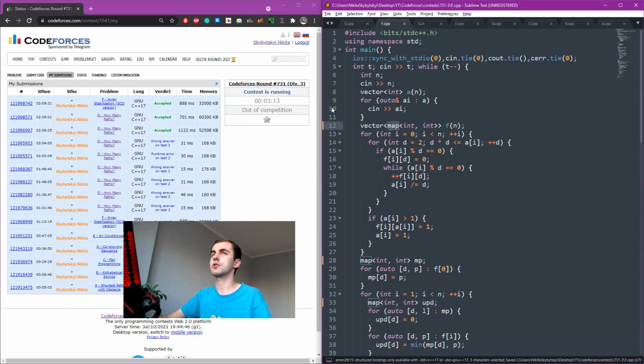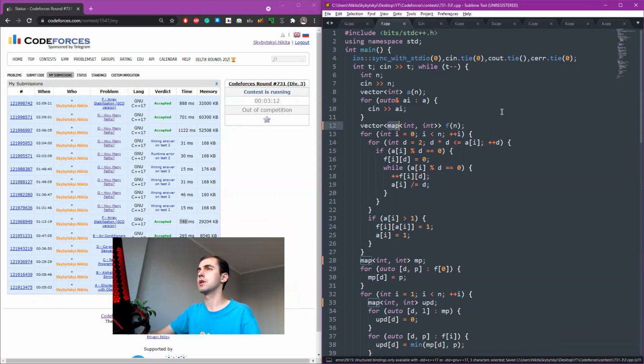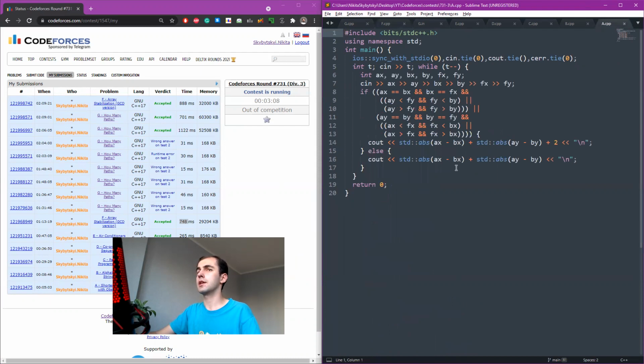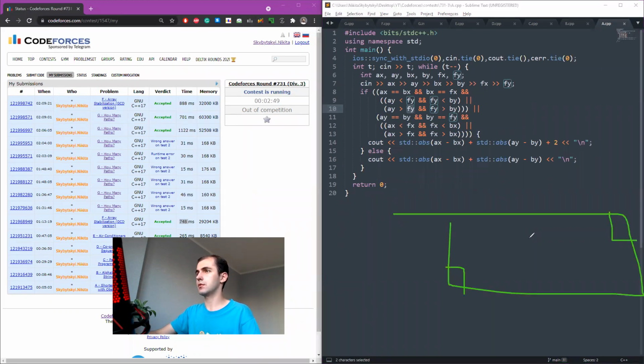So here map was actually faster. So A, implementation. You had to notice that the only time when a blocked cell increases the shortest Manhattan path is when the cells are on the line, because otherwise, if the blocked cell is somewhere in between, you can always walk over it. There are two non-intersecting shortest paths, so one cell can't block them both.